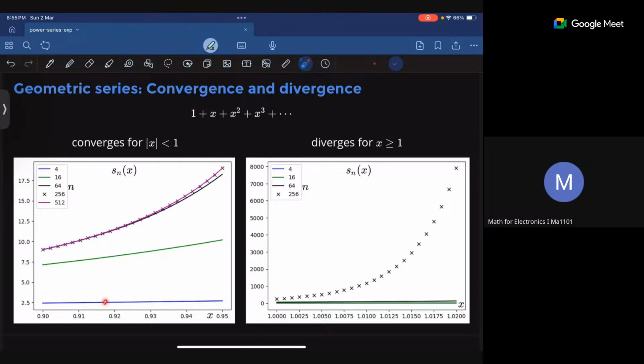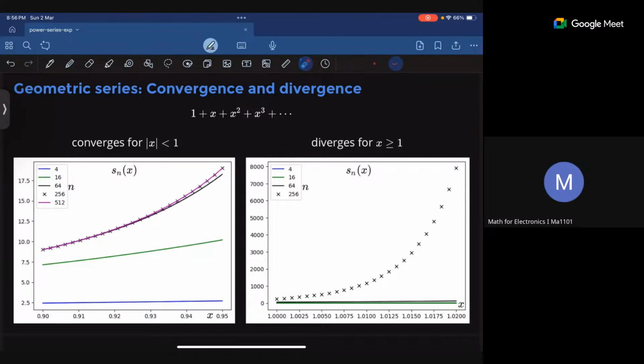So it may start from here, then go here, and so on, right? It will converge to this value. It will not blow up suddenly.